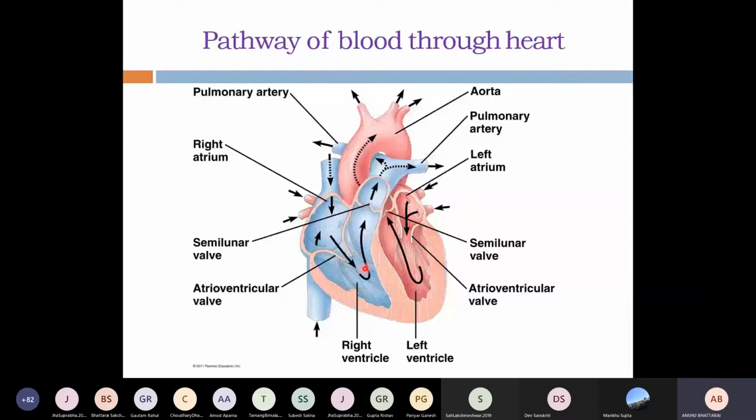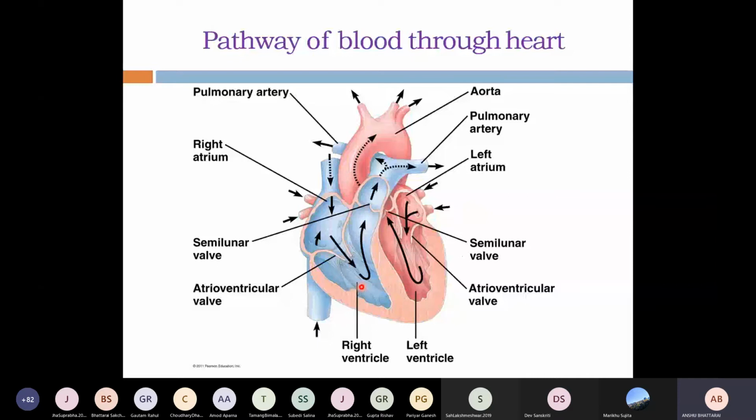Then the next is the semilunar valves, the aortic and pulmonary valves. They prevent the backflow from the aorta and pulmonary artery into the ventricles during diastole. This also prevents the backflow of blood, because blood always has to flow in one direction in the cardiovascular system. It cannot flow in two directions, otherwise there would be regurgitation. So the function of these valves is to prevent backflow.